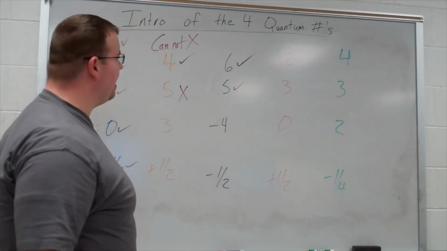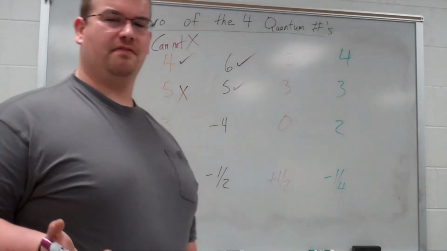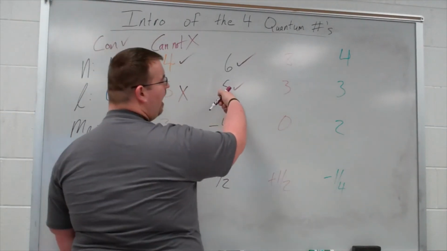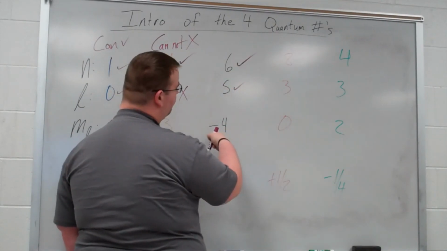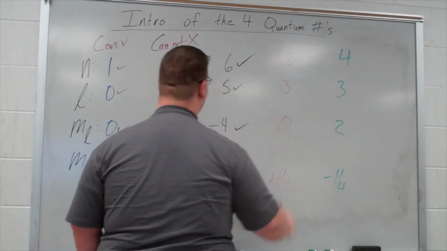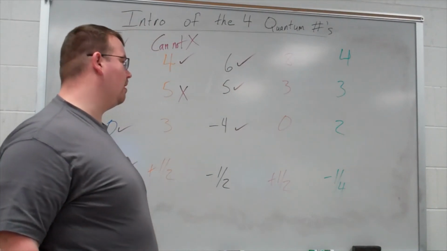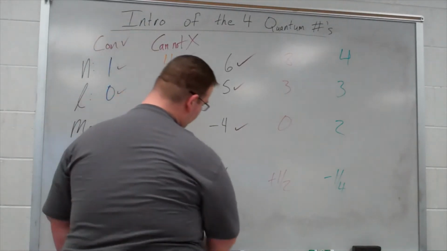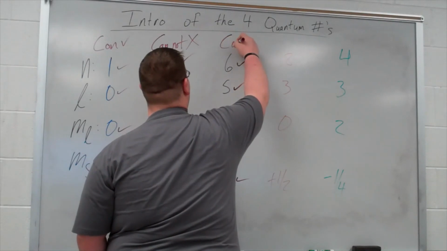M sub L is in a range of negative L to positive L. Negative L is negative 5, positive L is positive 5. So between negative 5 and positive 5, negative 4 fits the bill. So that can exist. Let's look at the spin quantum number. The spin quantum number can only be plus 1/2 or negative 1/2. Negative 1/2, we're good. This can exist.